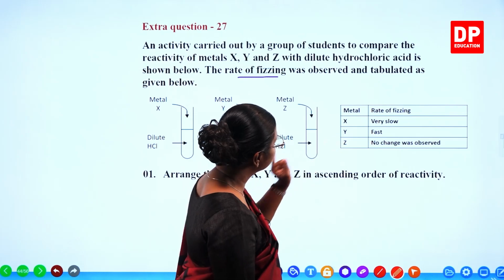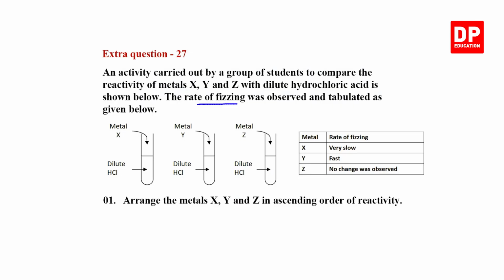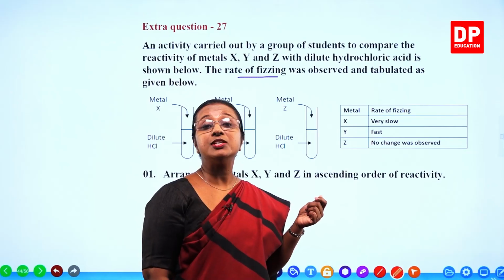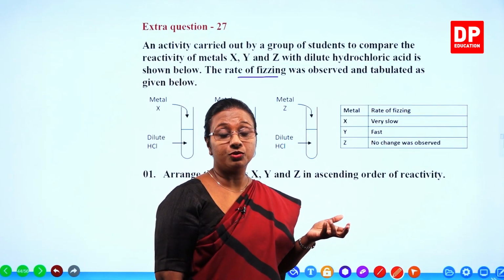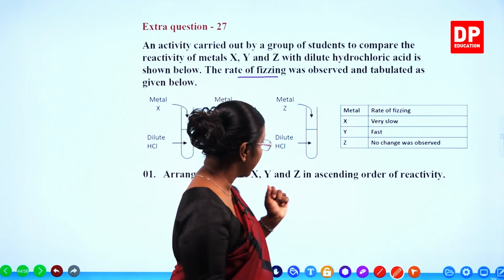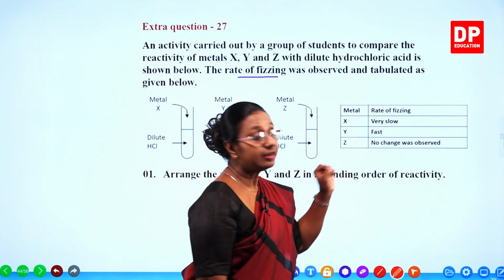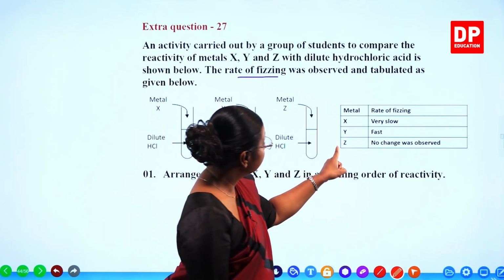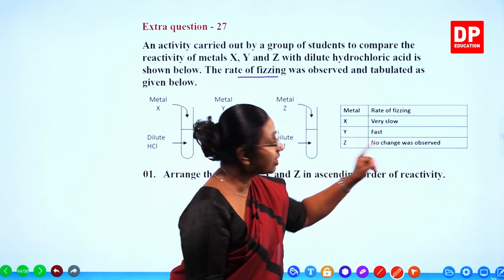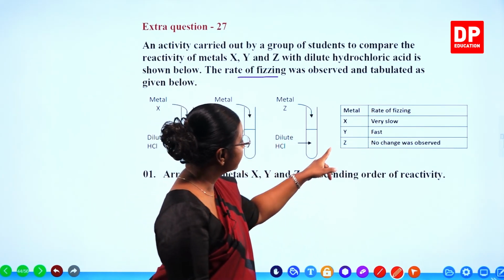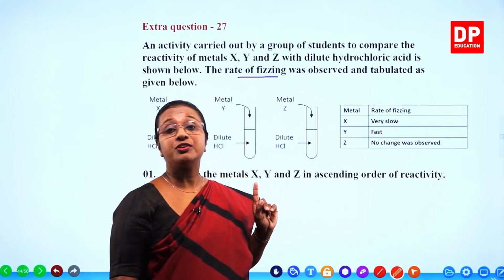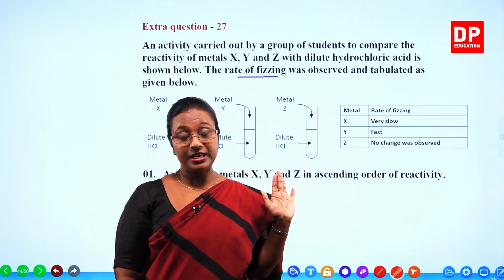So here they have given the metals X, Y and Z and rate of fizzing. You can see here X very slow. So the reaction is slow. Metal X reacts slowly with dilute HCl. Y reaction is fast. And there Z no change was observed. So that means the metal Z does not react with dilute hydrochloric acid.